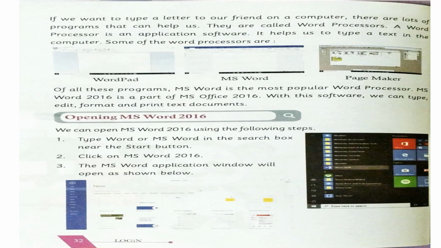In a computer, there is a search button present on the taskbar. You have to take your cursor there and type MS Word 2016, or you can click on the start button. After that, you can select Microsoft Word from the menu and click to start it.